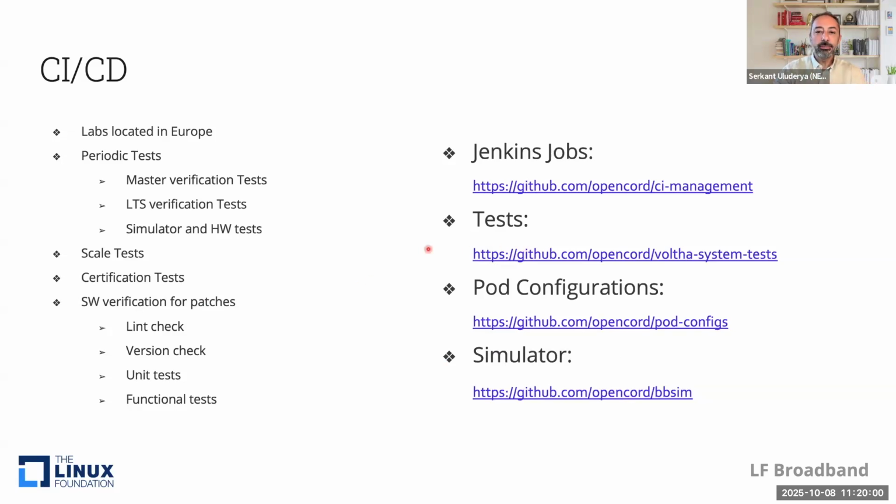This CI/CD environment runs BBSim as a simulator, and also we have physical devices in the lab too. And on the right, you can see some interesting links. You can look at our Jenkins jobs and the test codes, also the pod configurations, and the BBSim repository here for the simulator.